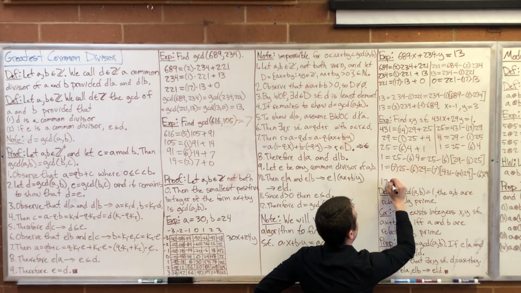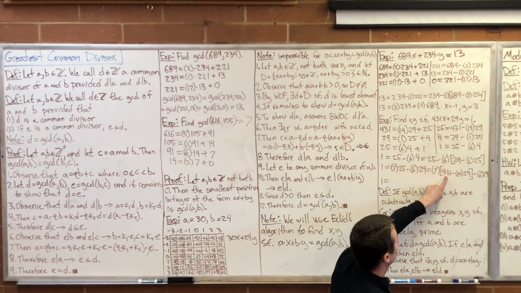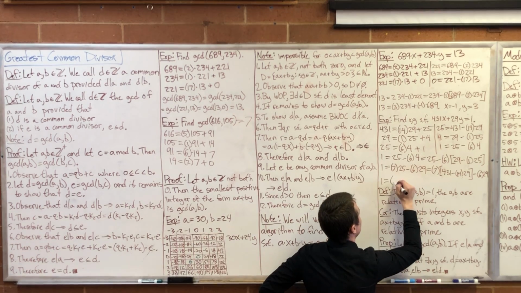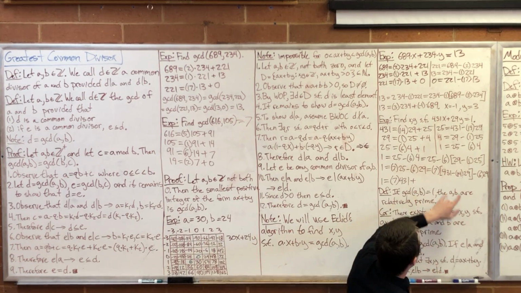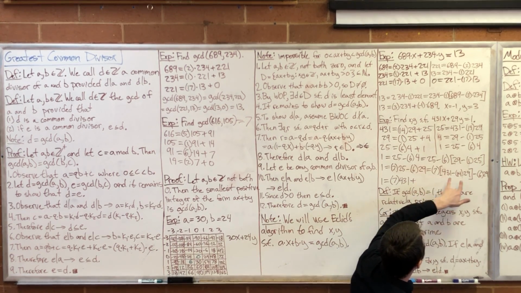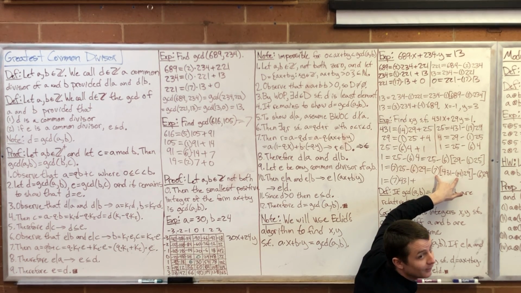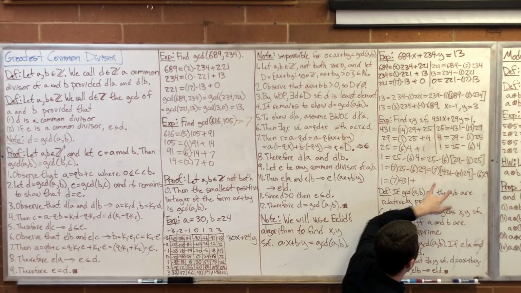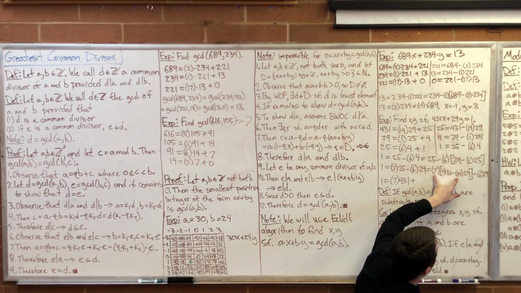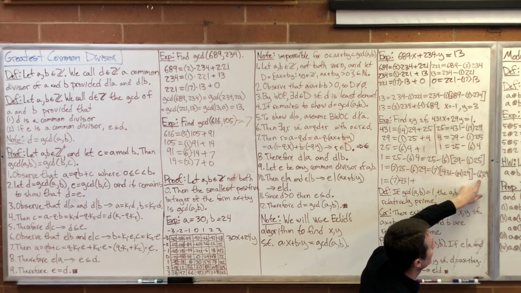We have 1 is equal to, how many 431s do we have? 7. Plus, how many 29s do we have? A lot. We have negative, how much is that? 98. 98, good job. So we have negative 98, and we get minus 6 more.